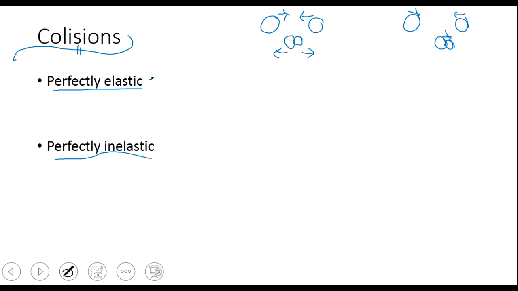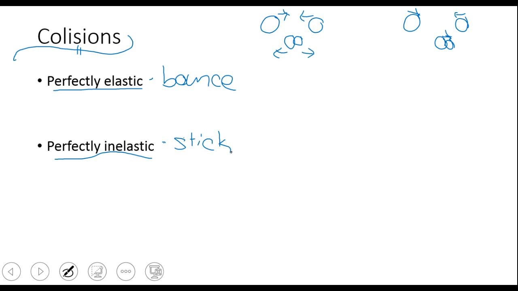Well, in a perfectly elastic collision, we imagine that all of that energy is perfectly conserved, and these objects bounce off of one another. A perfectly inelastic collision, however, is when these objects stick.